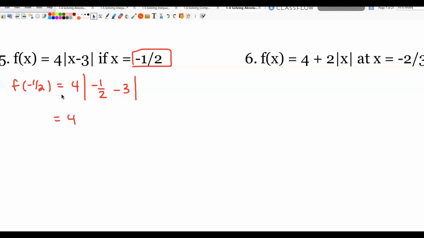So you get 4 absolute value, -3.5, or 3.5. So you get 4 times 3.5, which is 14.